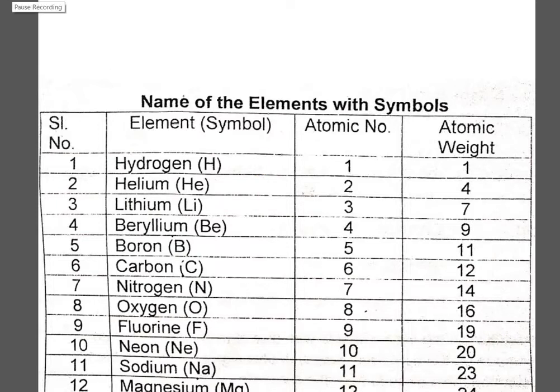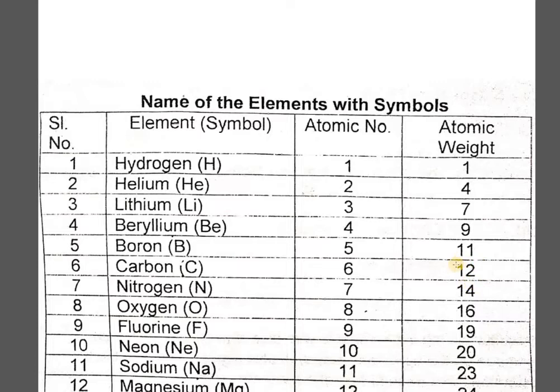So now let's talk about the other examples. Say for carbon once again. Carbon has an atomic number of 6 and atomic weight of 12. What can we derive here? That the number of electrons here is 6, whereas the number of protons is also 6. Now what is the extra thing which is present in this atomic weight or atomic mass?